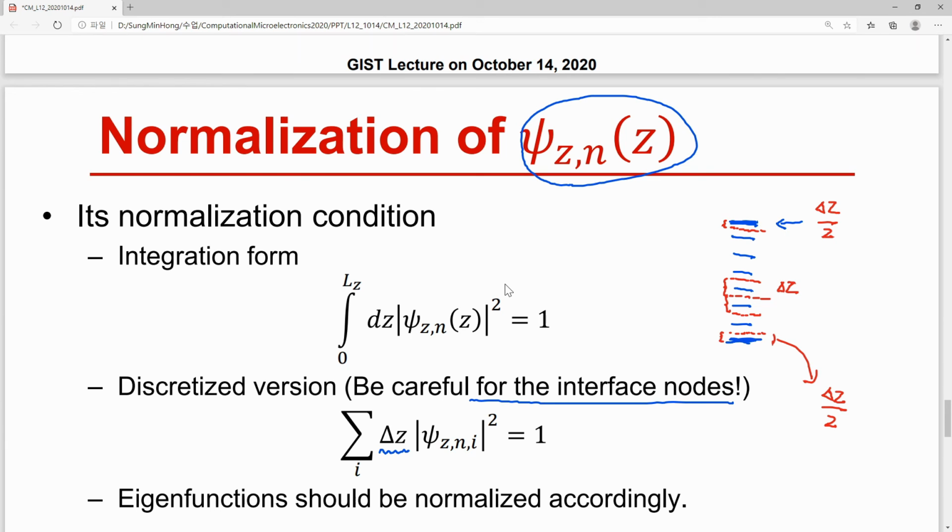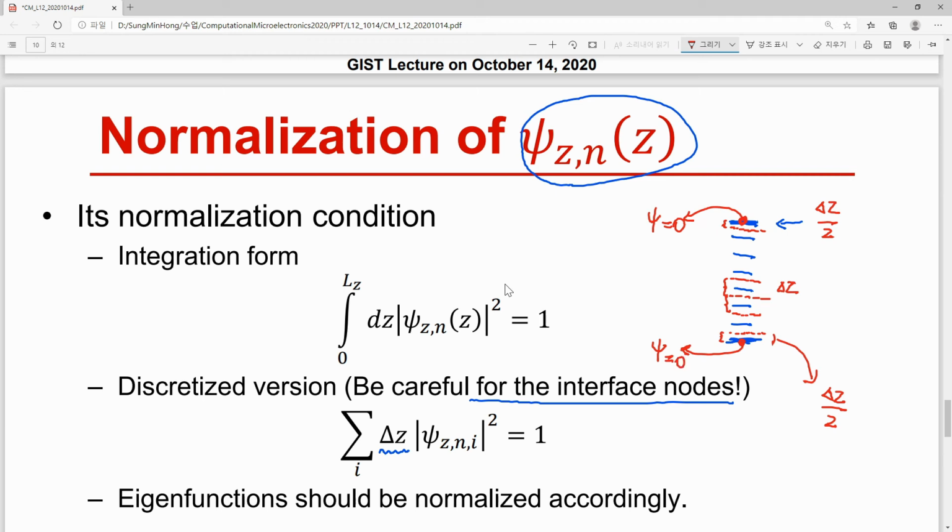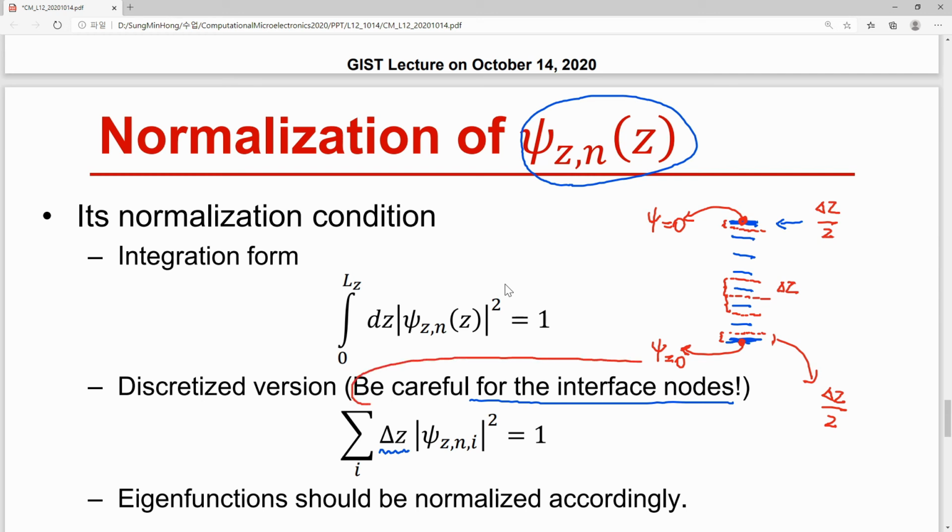Fortunately, in our boundary condition we have assumed that the wave function at these two interface nodes vanishes, so we can neglect that contribution. But in general, when you do numerical integration over the z direction, please be careful for the interface nodes, because they have just half the control volume of the other bulk nodes.